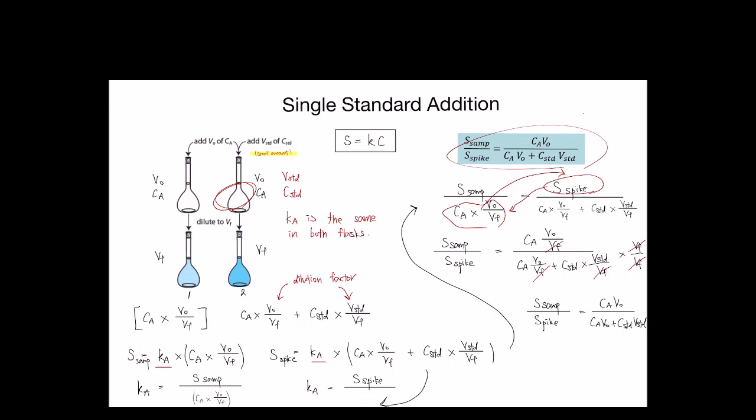Remember, if this is not the same, then we cannot equate this equation with this equation. So it is very important that the Ka is the same. And in order to make the Ka the same, you need to make sure that the standard added is a very small amount.